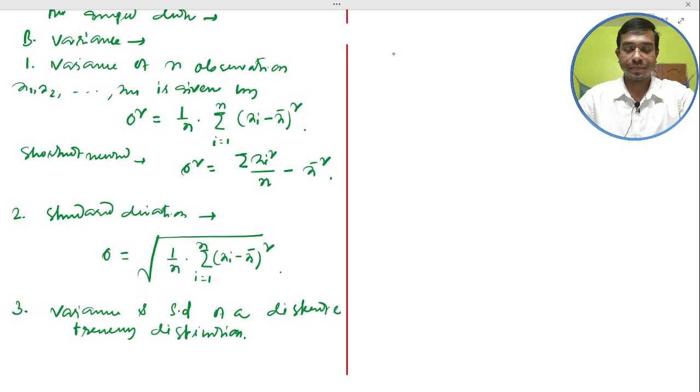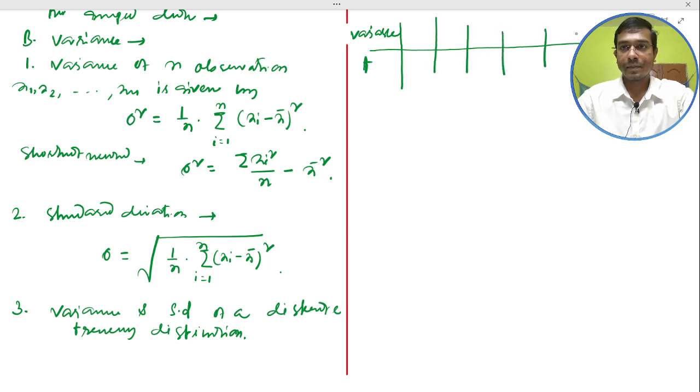This is the variable x and here the frequency f. Suppose the variable values are x1, x2, x3, ..., xn, and the frequencies are f1, f2, f3, ..., fn. This is the table.